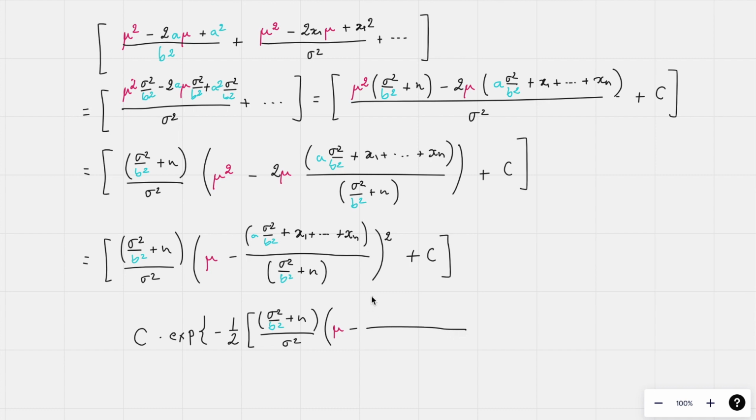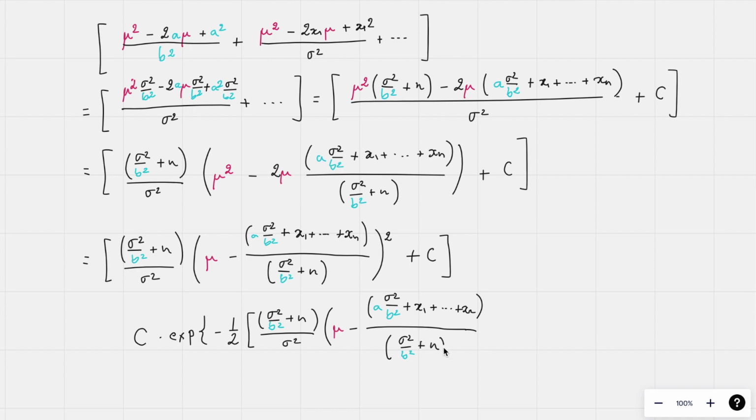So A times sigma squared divided by b squared plus the sum of the xi, and divided by this denominator here, sigma squared divided by b squared plus n.